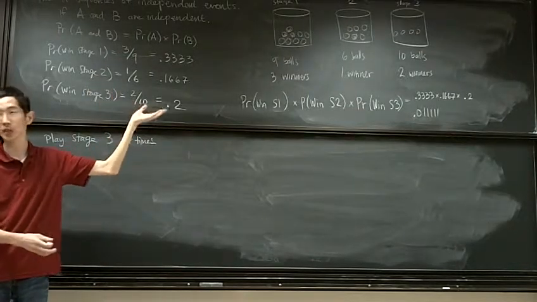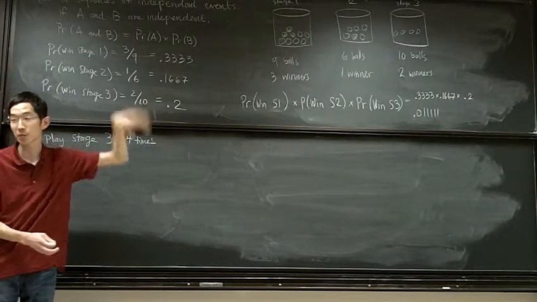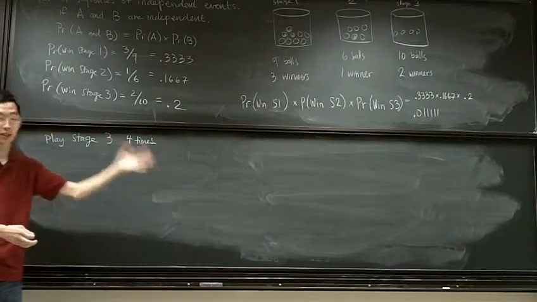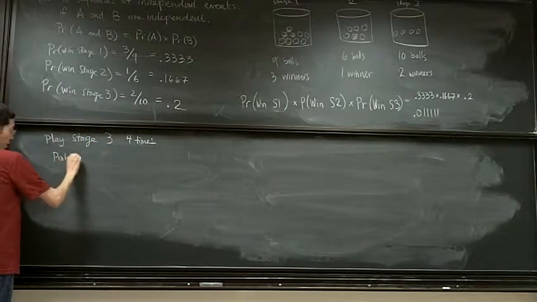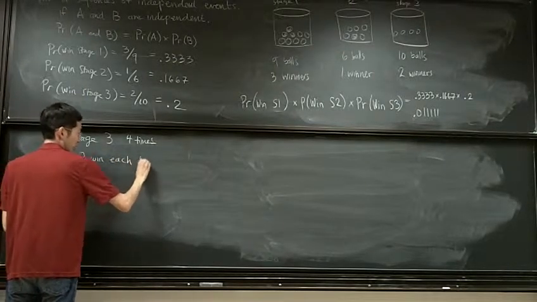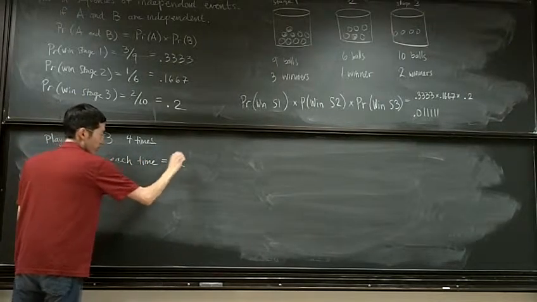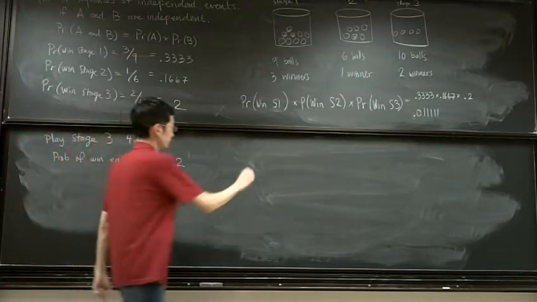So every time, what's your probability of winning? 0.2, okay? Because if you put the ball back and we mix it up again, the probability of winning is always going to be 0.2. So what's the probability we win all 4 times?